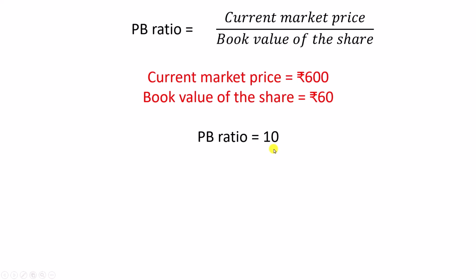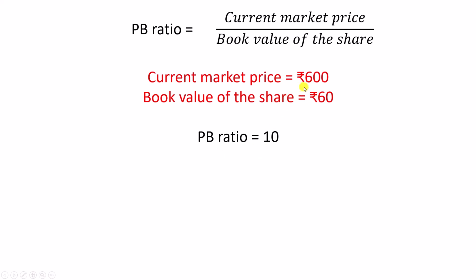To understand why it has to be small, I need to explain you about book value in a different way. Okay. I have already explained what book value is. Correct? Now let me explain you what book value is in a different way so that you can understand why this ratio has to be small.